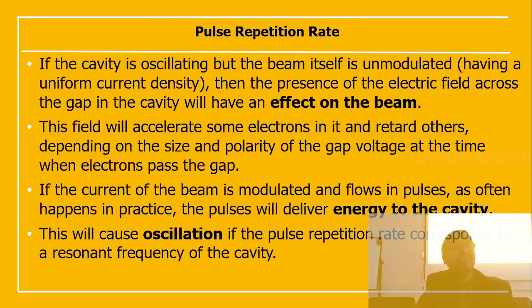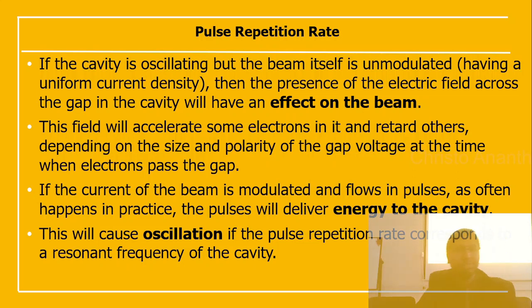If the cavity is oscillating but the beam itself is unmodulated, having a uniform current density, then the electric field across the gap will have an effect on the beam. This field will accelerate some electrons and retard others, depending on the size and polarity of the gap voltage at the time when the electron passes the gap.